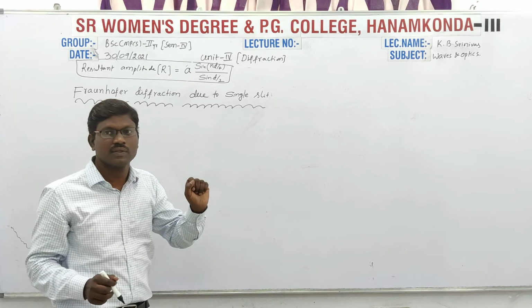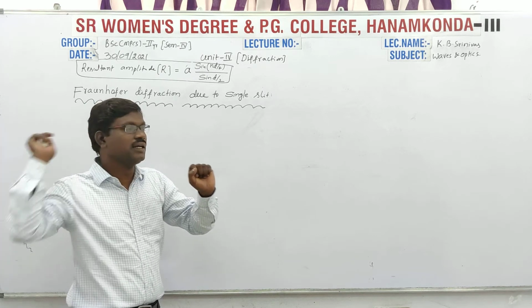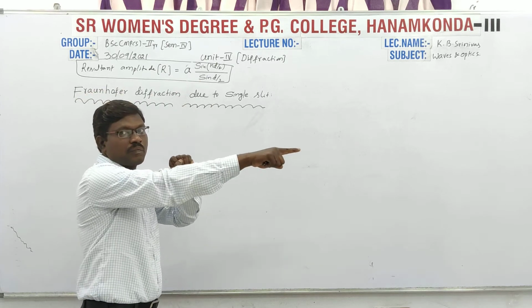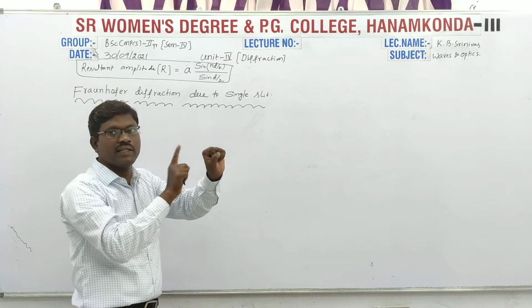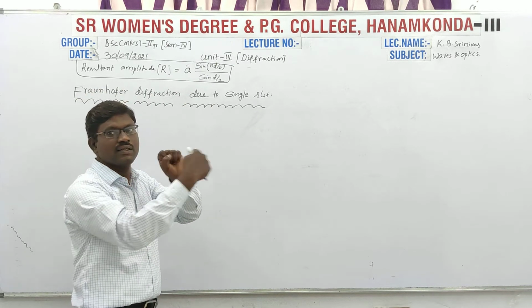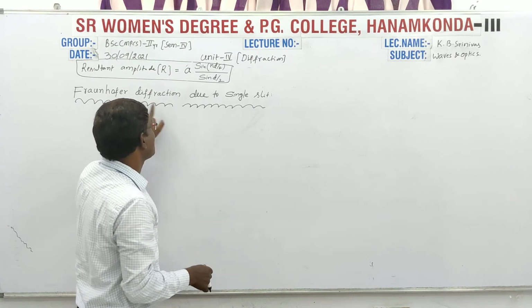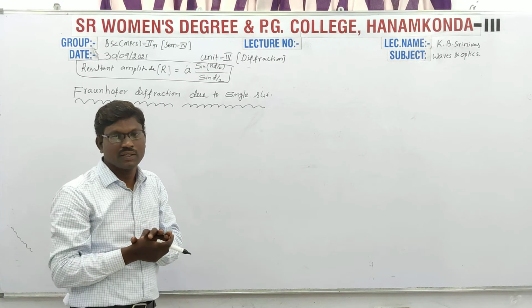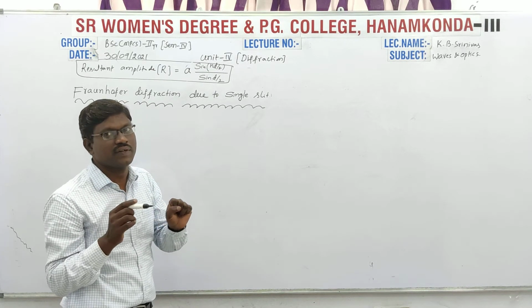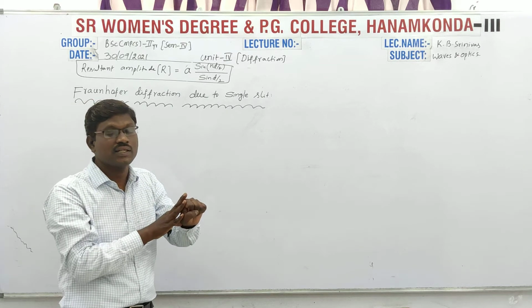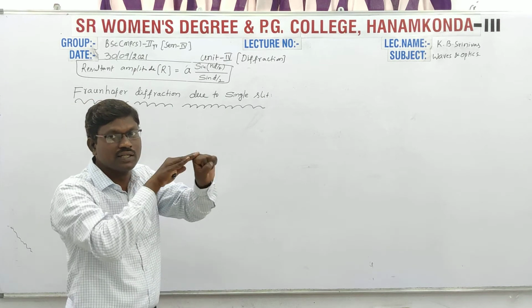Fraunhofer diffraction: when source and screen are placed at infinite distance from the slit, the diffraction at the slit is known as Fraunhofer diffraction. During Fraunhofer diffraction, what is the shape of the incident wavefront on the slit?